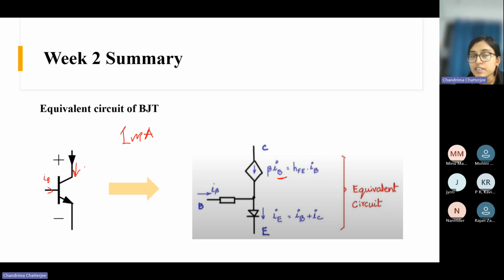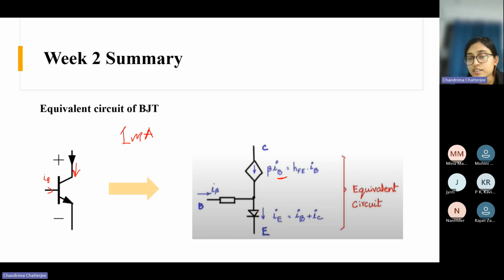In the linear region of operation, my collector current will be beta times IB. That is 100 times, that will be 100 milliampere. So that is the relation. Here IB is coming, and here the emitter current is going out. So, as it is written, the emitter current is the summation of IB and IC.